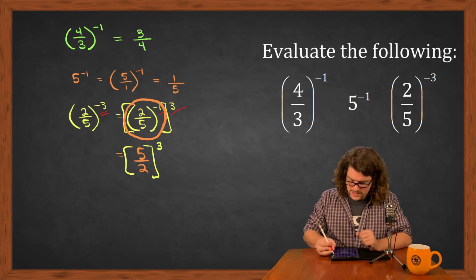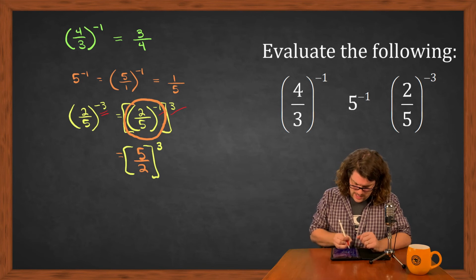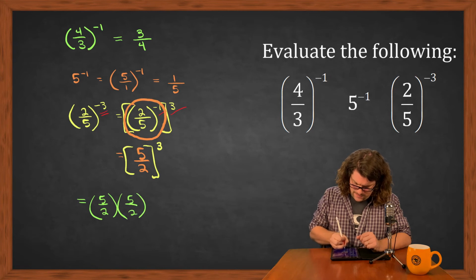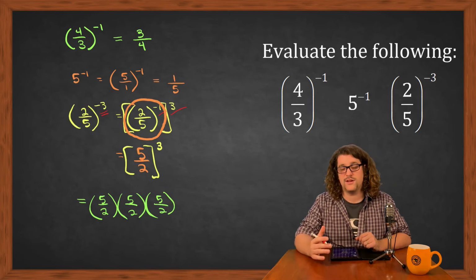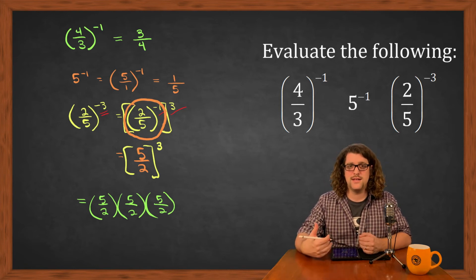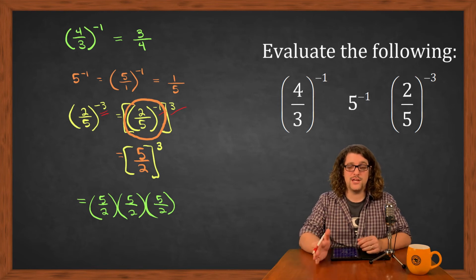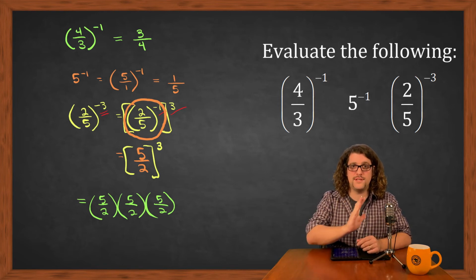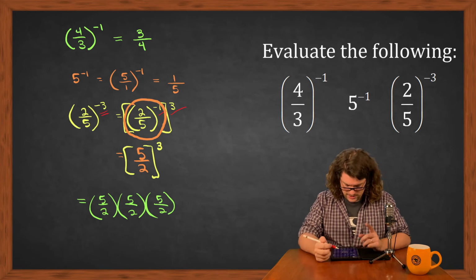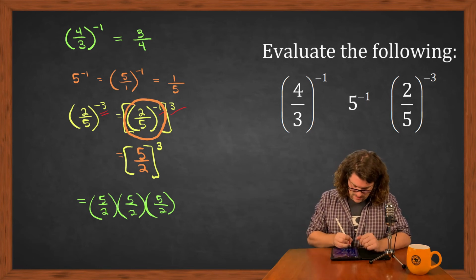Just to slow this one down and make sure we're on the same page, this is equal to 5 halves times 5 halves times 5 halves. The reason I know that's true is because an exponent that's a whole number like this is another way to talk about it is by saying it's repeated multiplication. So something times itself 3 times here. So 5 halves times 5 halves times 5 halves.